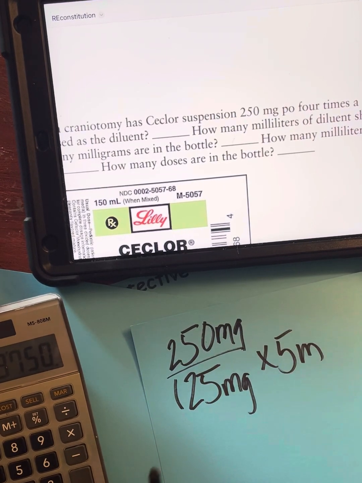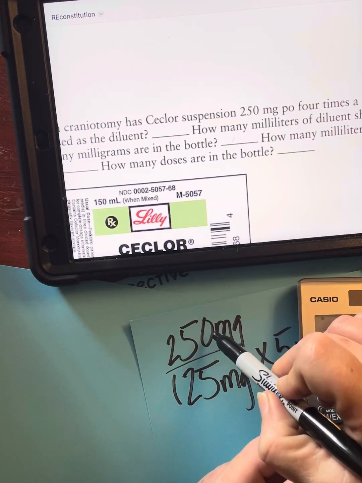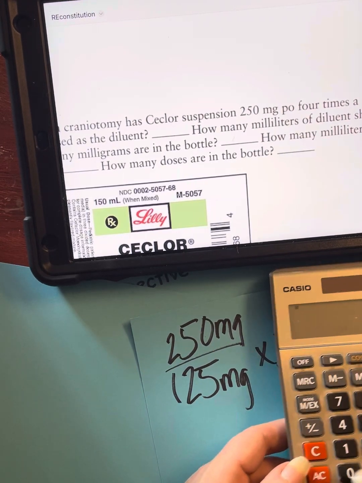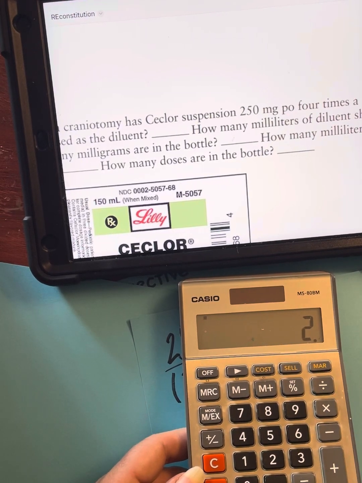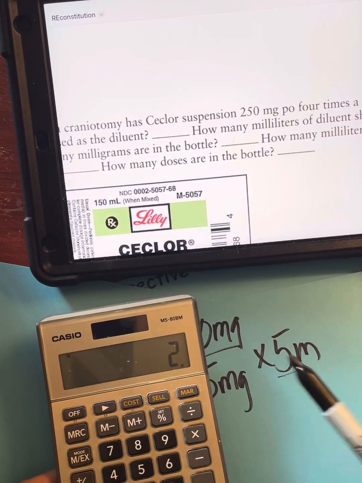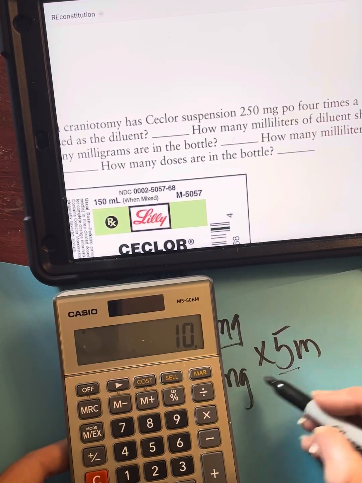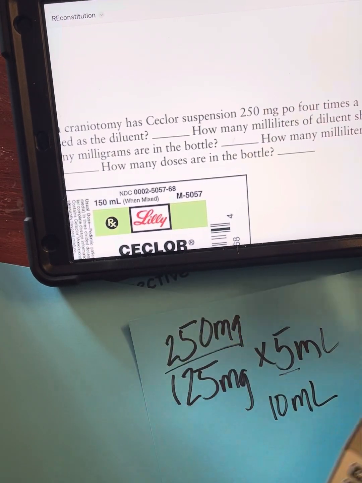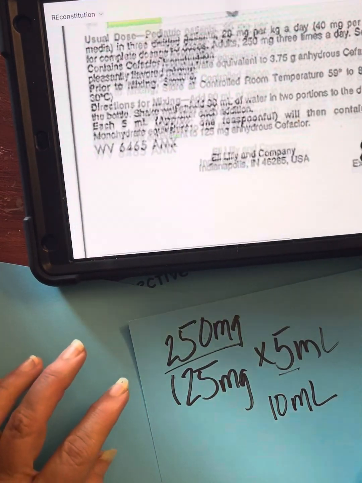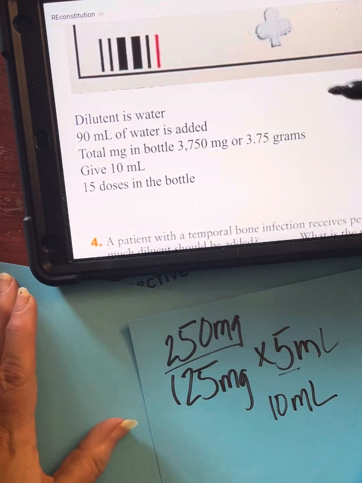And I have 125. So here we go. What he wants divided by what I've got. 250 divided by 125 equals 2, we're not done though. What's right here? 5. We got to multiply that times 5. And that's going to be 10 milliliters. I got the answer. We're going to give them 10 milliliters.